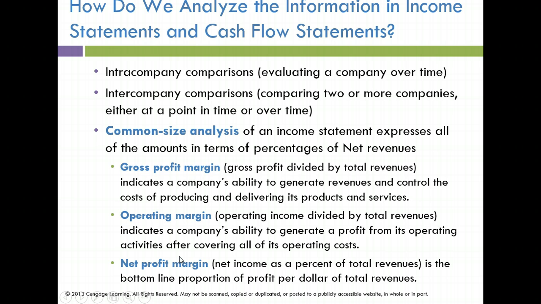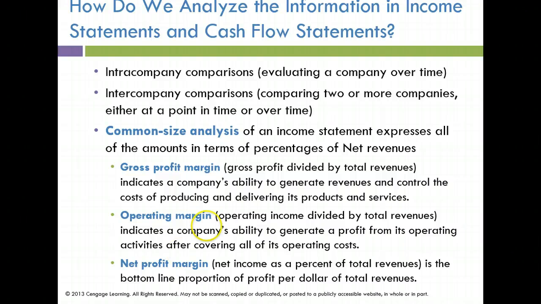The gross profit margin is basically taking your gross profit and dividing it by revenues. It's really letting us know the percent of that revenue that is our profit. The other way to look at it is the difference is the percent of our revenues that's in cost of goods.